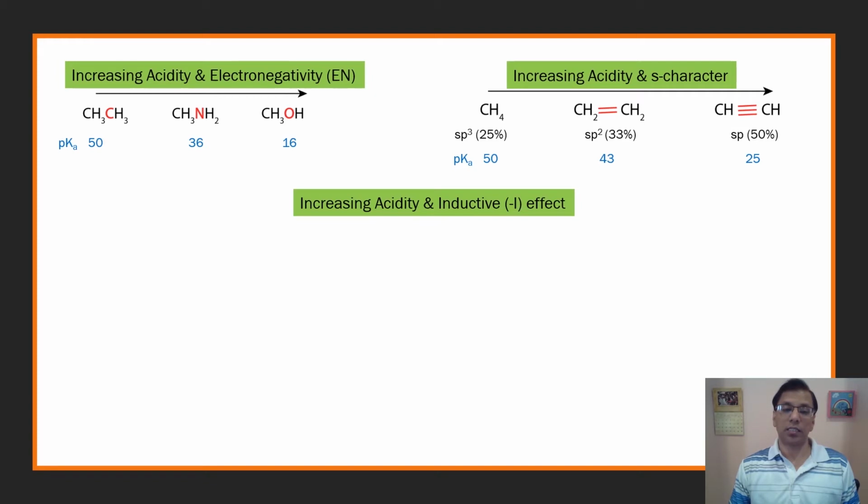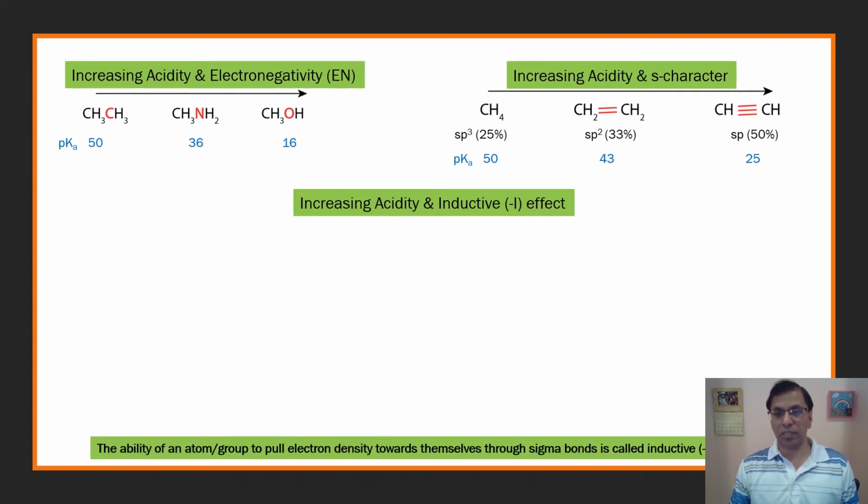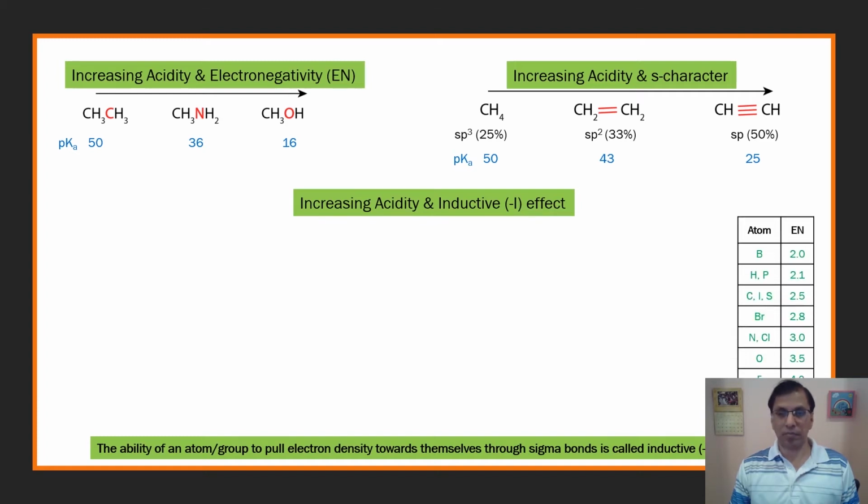Let's consider the next factor, which is called the inductive effect. So what is inductive effect? Inductive effect is the ability of an atom or a group to pull electrons towards itself, and it's represented by -I. Here is a list of atoms frequently encountered in organic molecules with their electronegativity numbers.